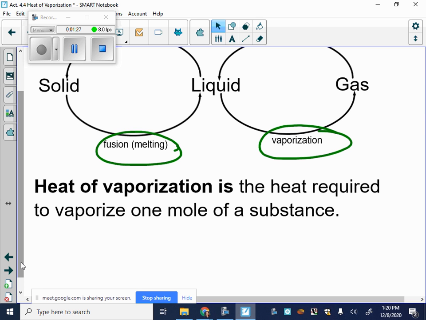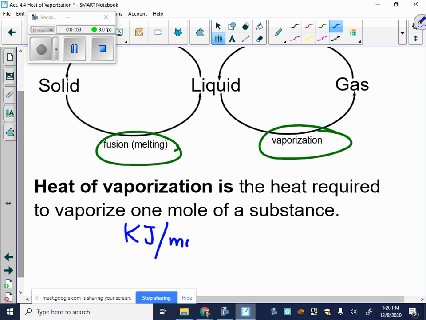So essentially, the amount of heat we need to change the state of 1 mole of a substance. The units are kilojoules per mole.